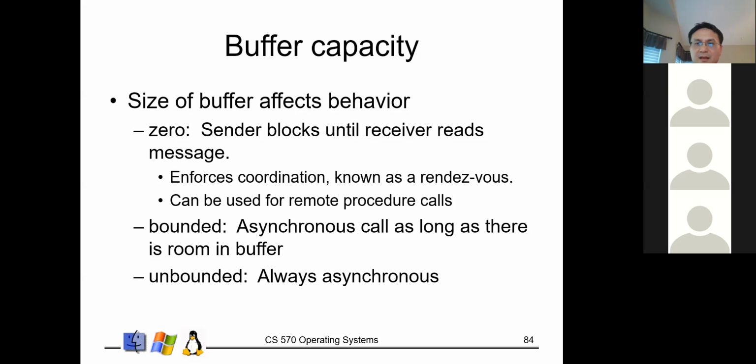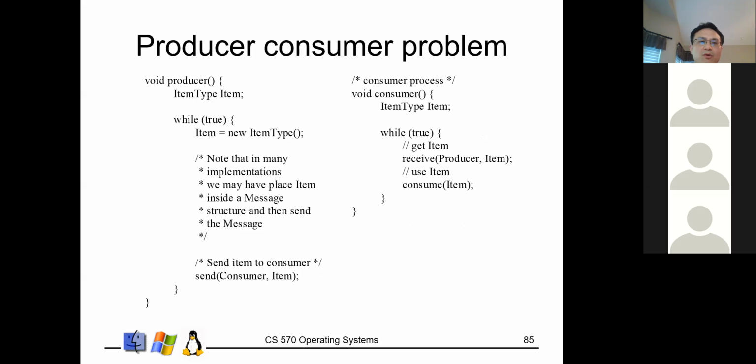All right. I won't go through more since we need to conclude the class today. Essentially, you can use send and receive system calls to implement the producer and consumer problem for the scenario where the sender and receiver live on different machines. This implementation is pretty straightforward.